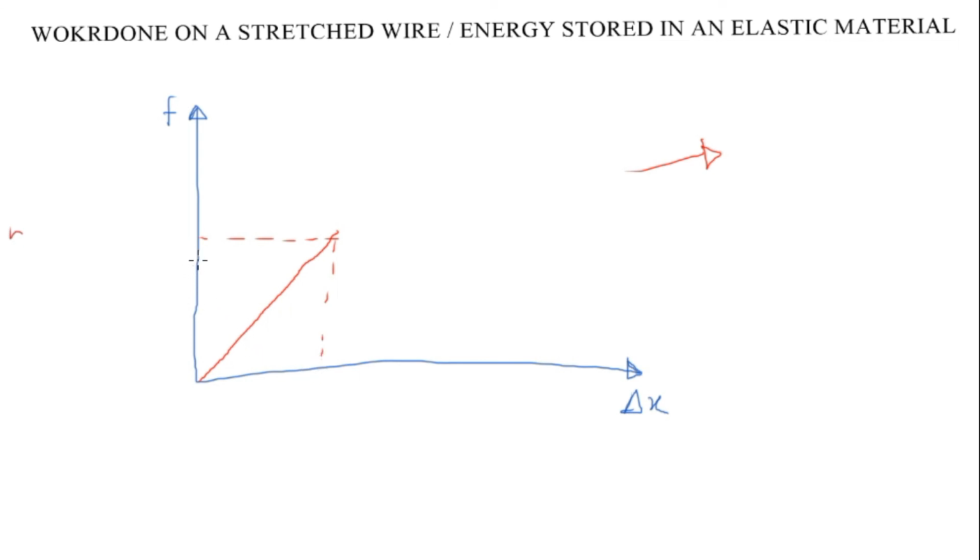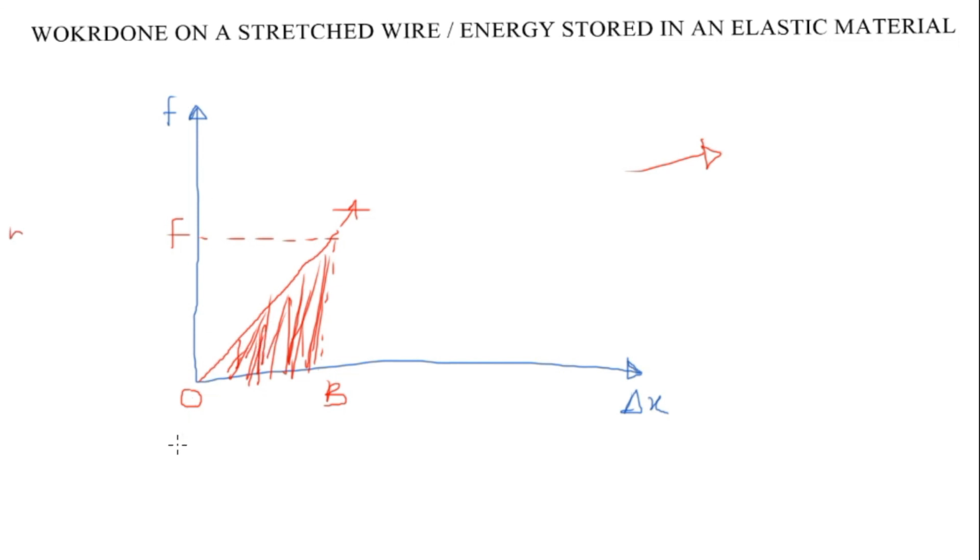So let's assume this is point A and this is point B, and this is the F that is required to get to this point, the force that is required for the material to get to this point. So the area of this graph will give us the work done.